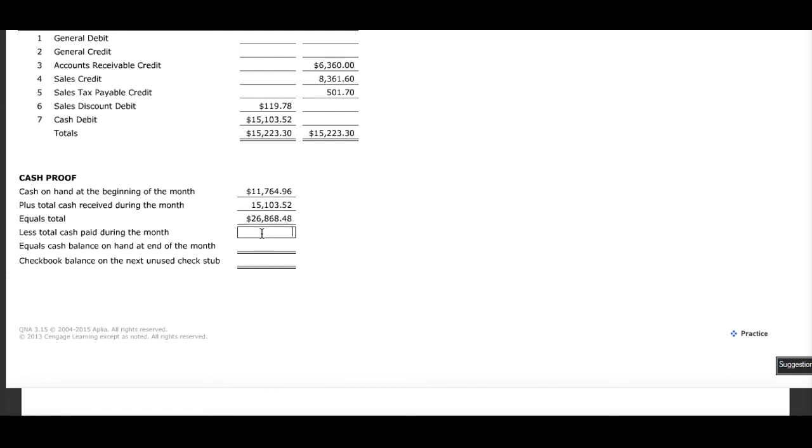Then you take out the money I spent during the month, which my directions told me was $8,779.53, equals $18,088.95. Now the directions also told me that the checkbook balance on the next unused check stub was $18,088.95. So we have completed proving the cash.